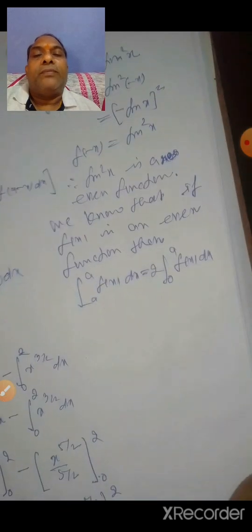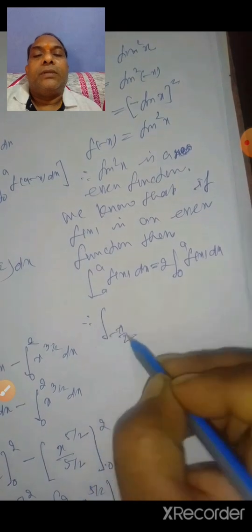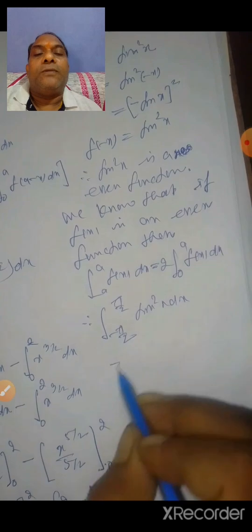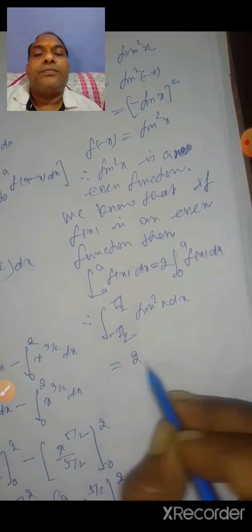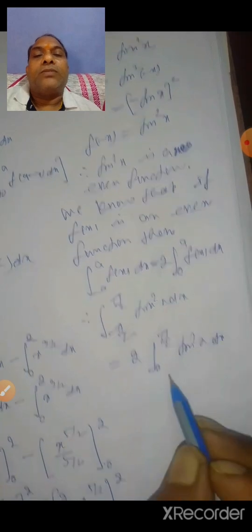So therefore integration minus pi by 2 to pi by 2 sine square x dx will be equal to twice of 0 to pi by 2 sine square x dx.